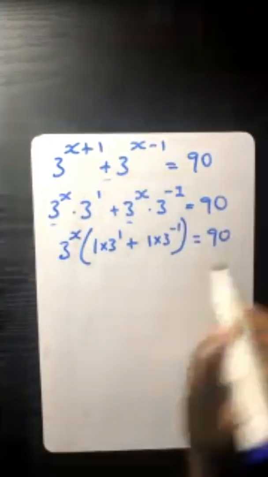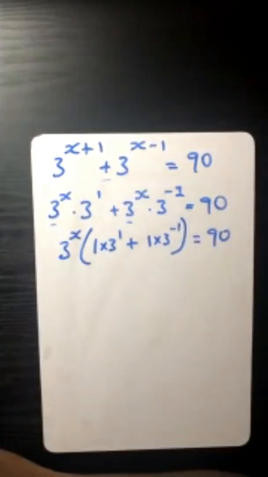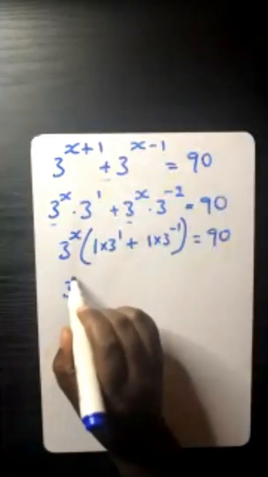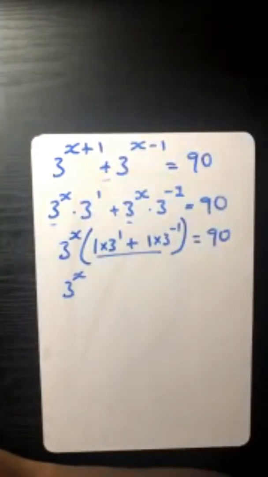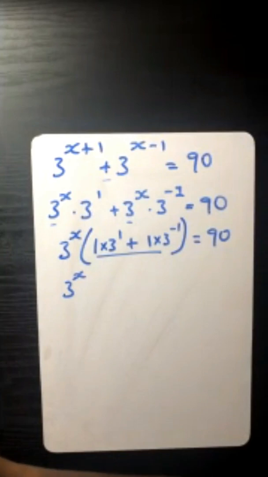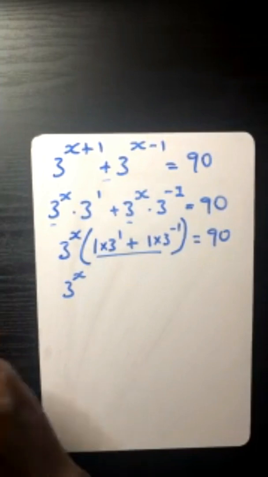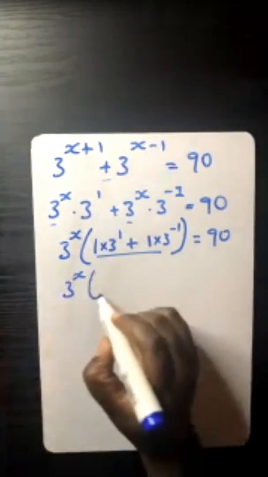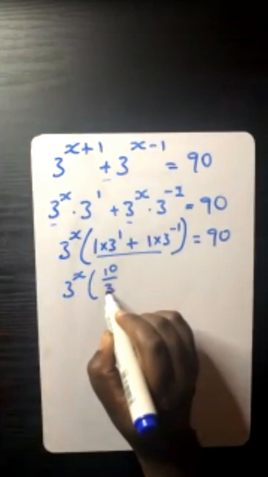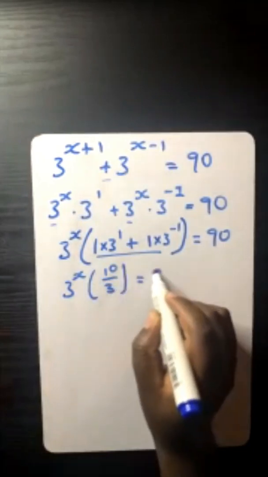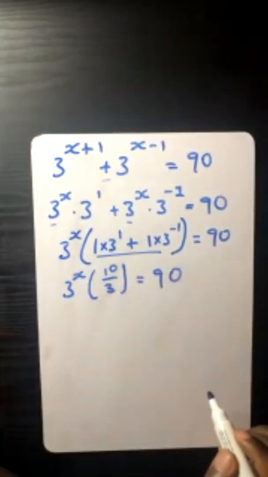The whole of that is equal to 90. Therefore, you can punch the whole of this on a calculator. It's the same as 3 plus 3 to the exponent negative 1. I'm getting 10 divided by 3, multiplied by 3 to the exponent x, which is equal to 90.